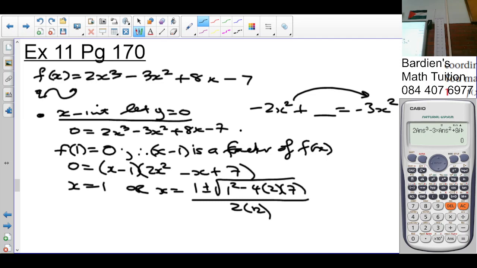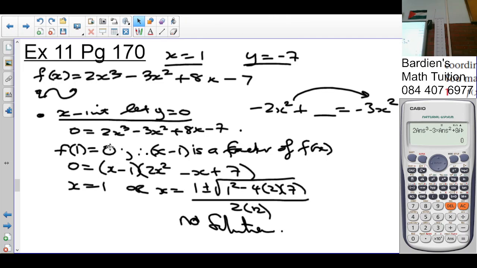So what's going to happen here? No solution. Okay, so we got the x-intercept of 1. We have a y-intercept of negative 7. The shape is going up and down.